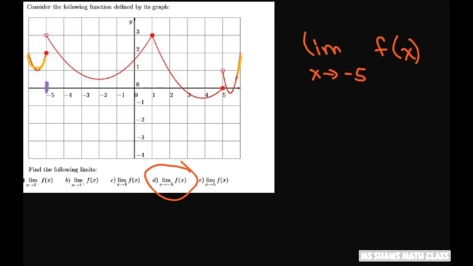And you're coming this way, and this is your path to meet up, which is kind of longer. And what happens is you can't meet up. So the limit of f of x as x approaches negative 5 from the left is going to be 2.